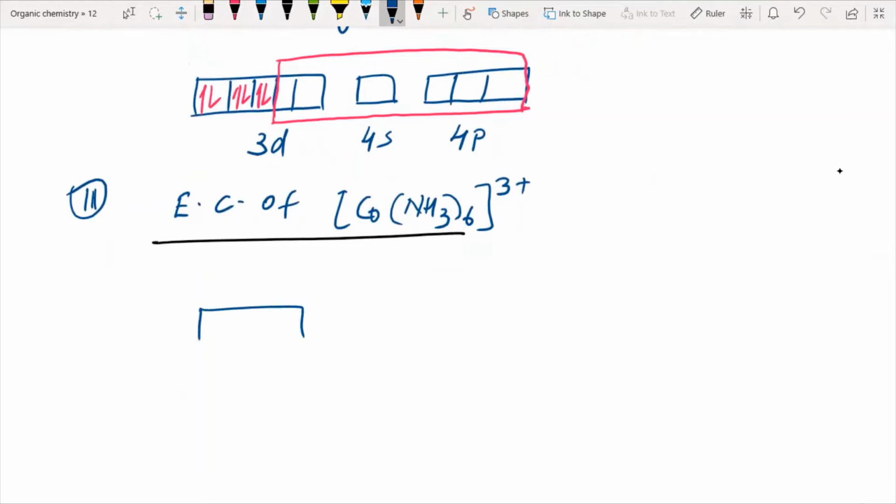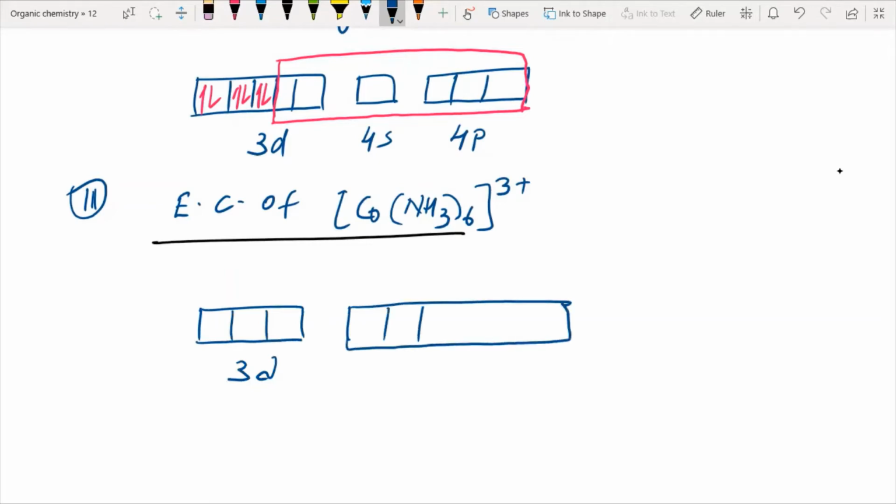The 3 orbitals are of the metal itself, that is 3d, and here the 6 orbitals which we are going to see are d2sp3 orbitals.